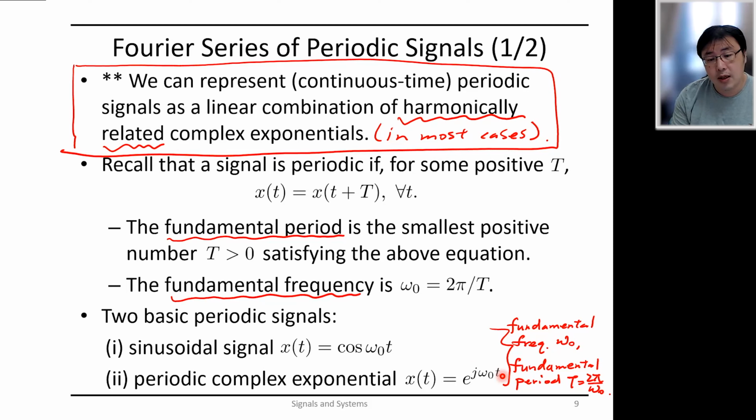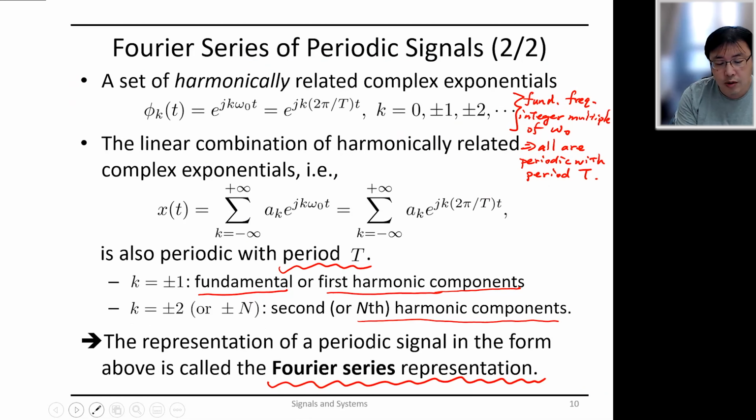Now, if you take complex exponentials with integer multiples of this fundamental frequency, then you can construct other complex exponentials with the same period capital T. So if you collect all of these complex exponentials together, then what you have is a set of so-called harmonically related complex exponentials, with frequency equal to the integer multiples of omega naught.